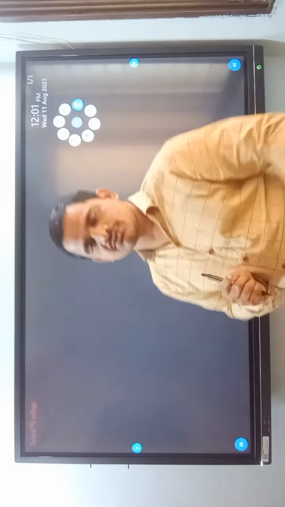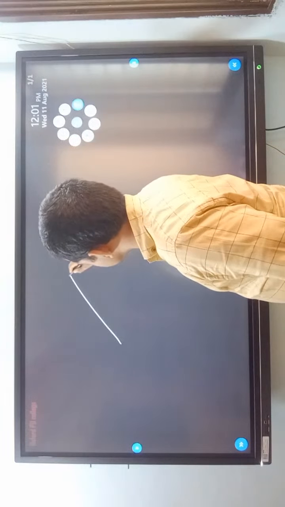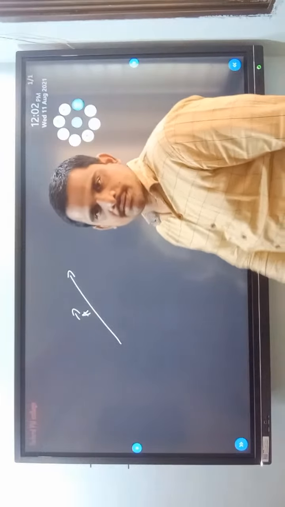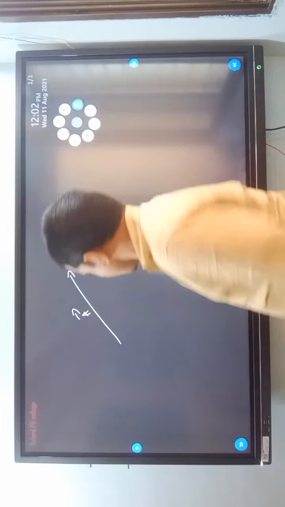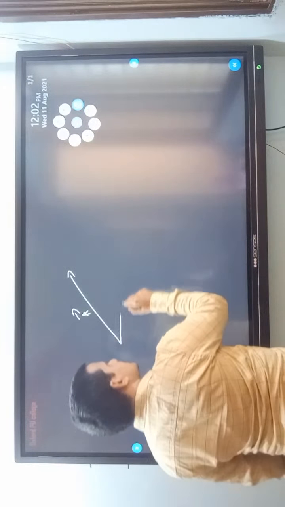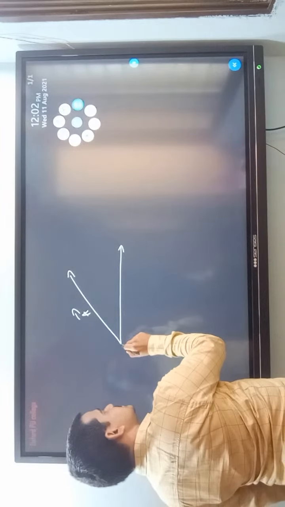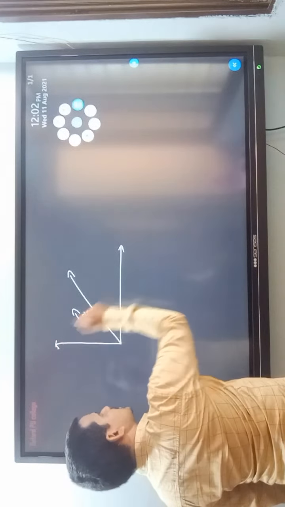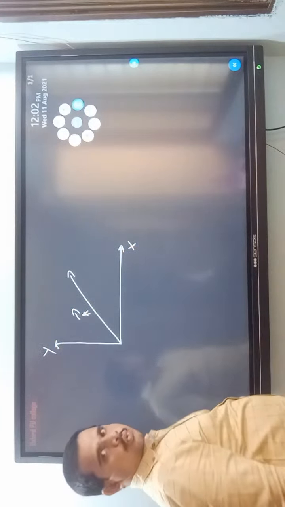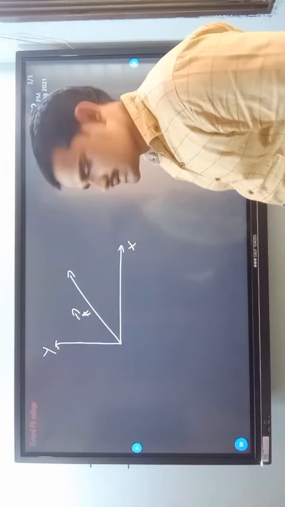Vector resolution, as I said in the last video: a vector A bar is drawn in this direction. Okay, got it now? I can resolve this A bar into two components, one along the x-axis and one along the y-axis, correct?